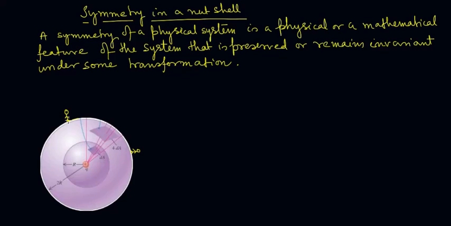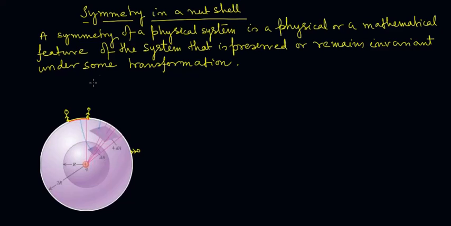Suppose the ship is moving from here to here, and now you are here. When you are standing here, you see that you are above a deep sea, and if you are standing here, you also see you are above a deep sea.